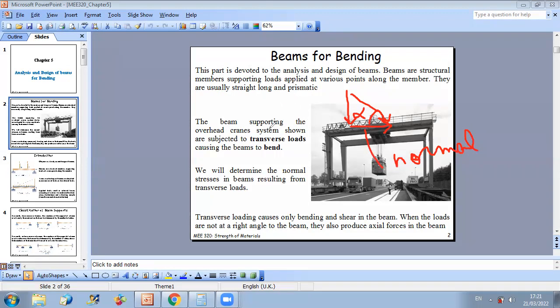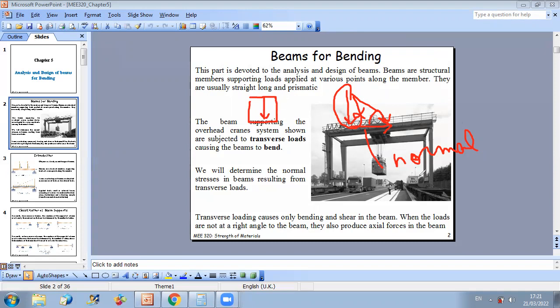So if we have at the same time transverse load and normal load, what the total normal stress distribution will be. And we have the transverse load that will result into bending and shear. As we discussed, shear forces will result from distribution of shear stresses in the cross section, while bending moment is created by normal stress.